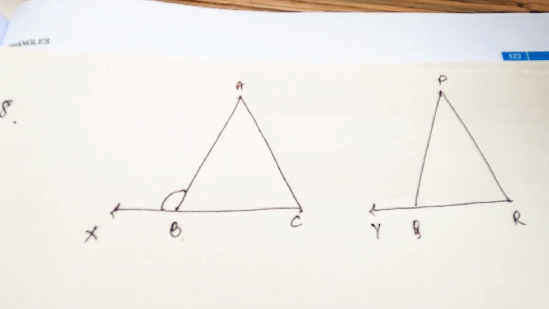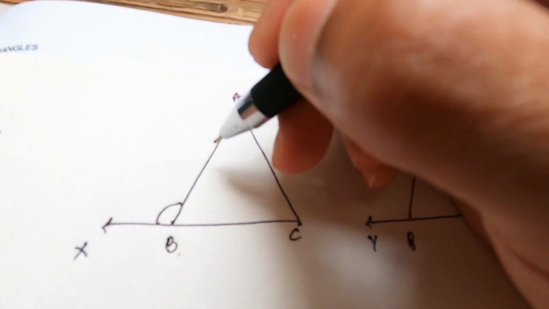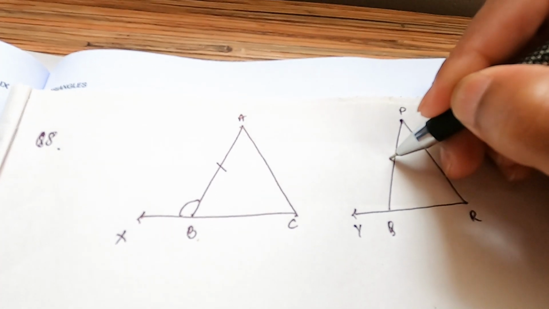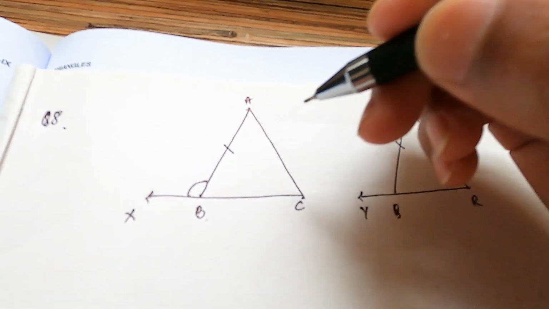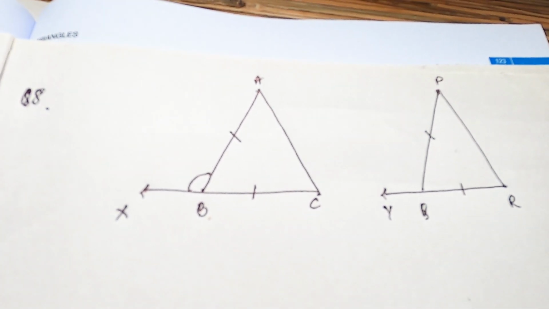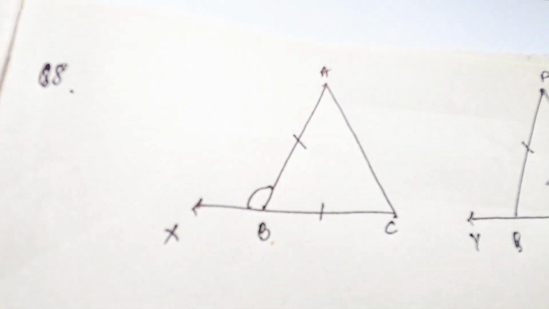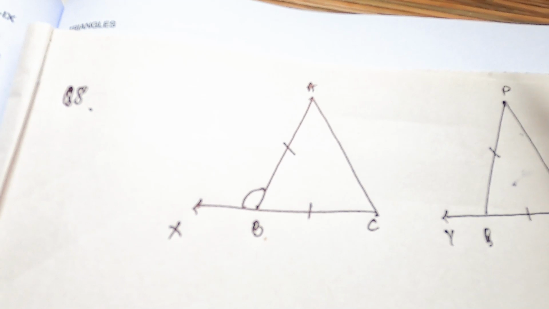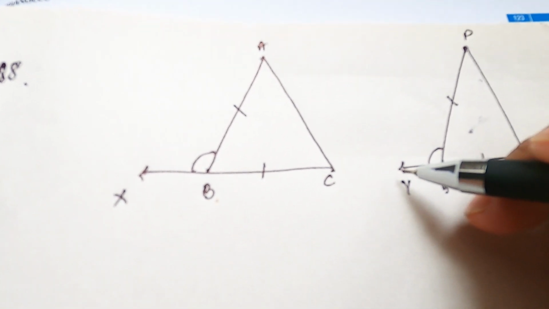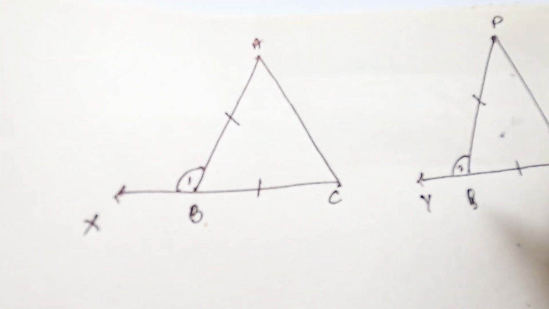All right, so in this case we have the diagram. AB is equal to PQ, then BC is equal to QR, and exterior angle ABX is equal to PQY. So in this case angle 1 is equal to angle 2.